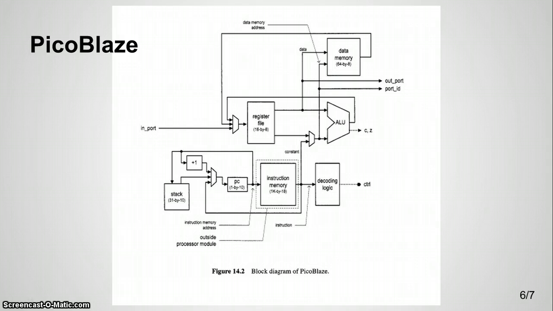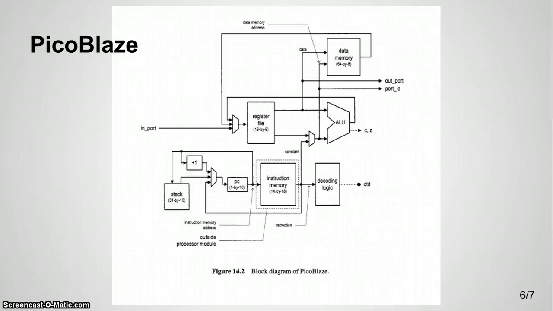To mention some additional general features and improvements of this processor, it has an 8-bit data width. The instruction ROM has an 18-bit instruction width and a 10-bit instruction address, which supports a program up to 1024 instructions.